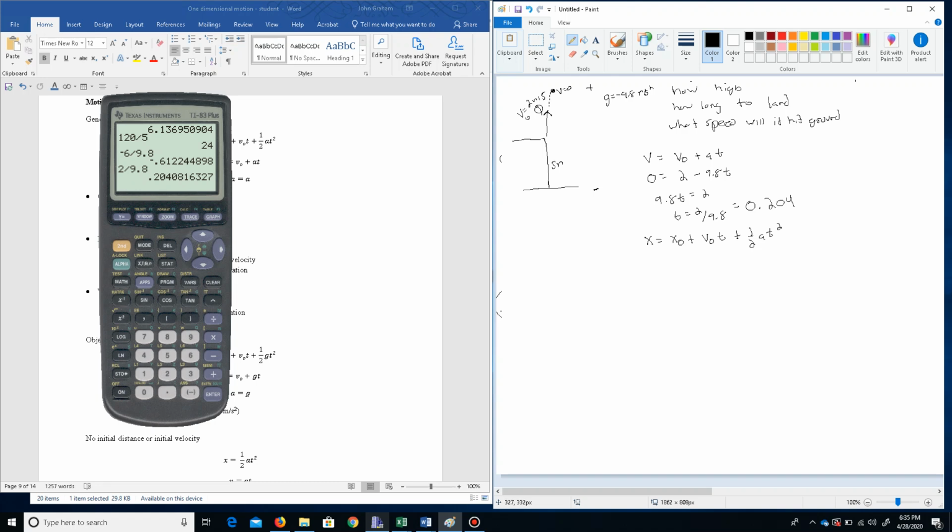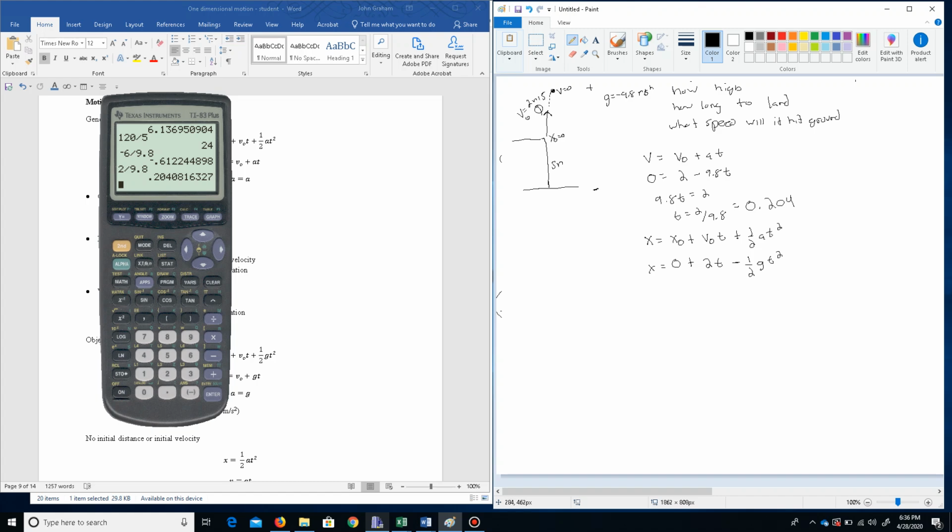I'm going to call x sub 0 here equal to 0, because we want to know how high from where we threw it. So 0 plus 2t minus 1/2 gt squared. A lot of times we just write in g instead of 9.8. It's a lot easier, and then put in the calculator as 9.8. And that's going to be equal to x.